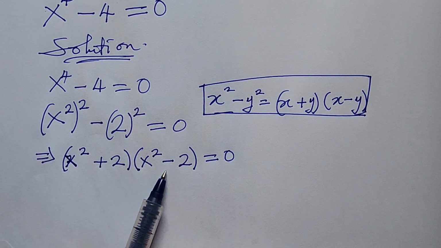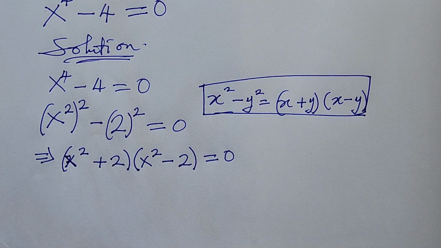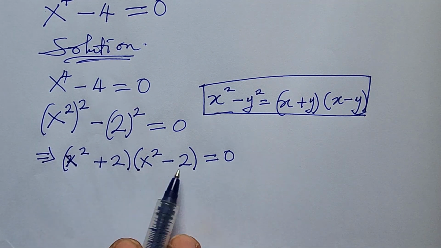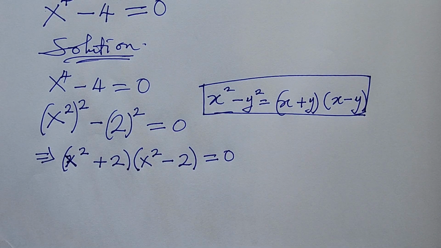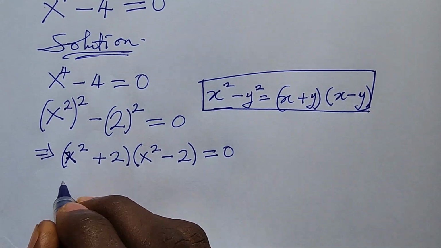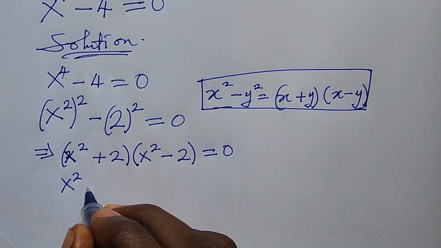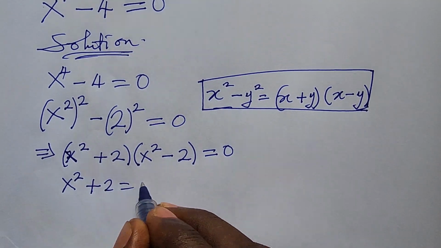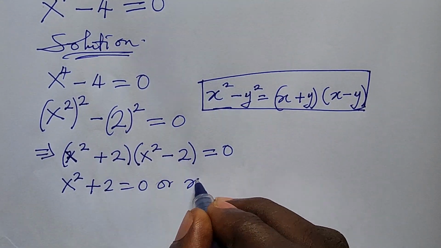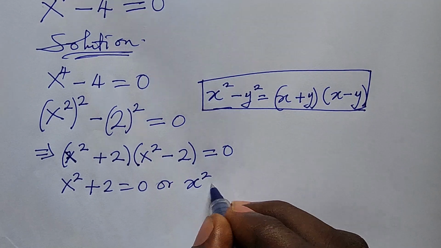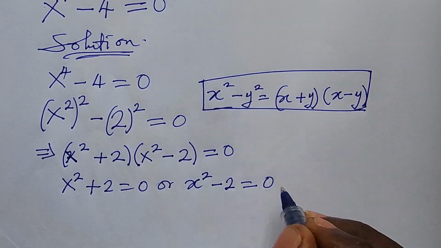So this expression is the same thing as this. So what we do here, we can equate each factor to 0, right? So this will now give us x to the power of 2 plus 2 equal to 0, or x to the power of 2 minus 2 equal to 0.